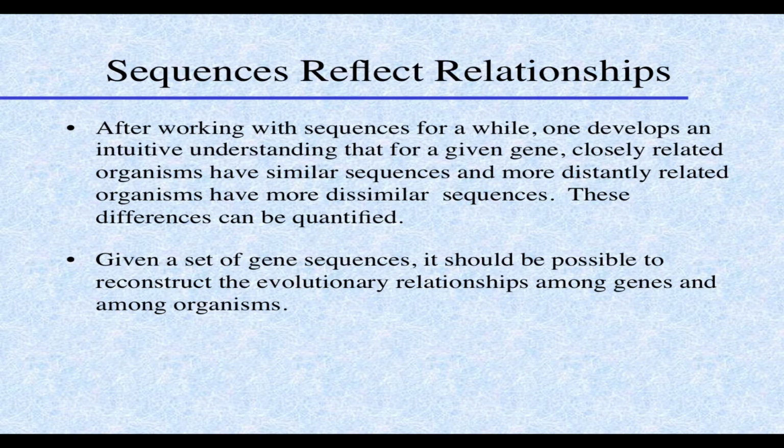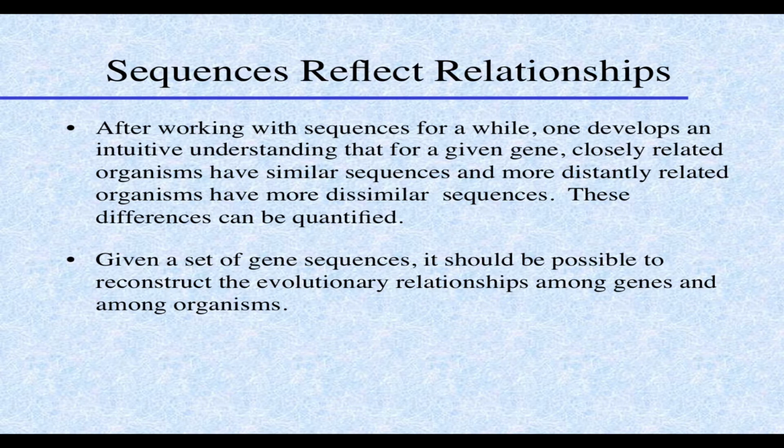You'll see that organisms that are similar to each other have higher e-values, and more distantly related organisms have lower e-values. There's a lower percent similarity or lower percent identity between the sequences of more distantly related things.